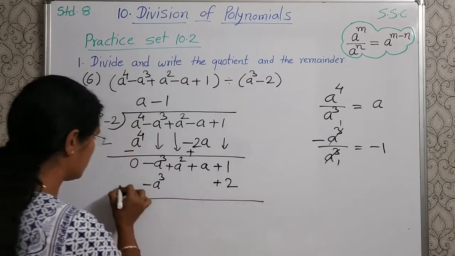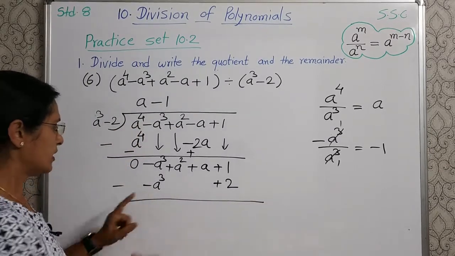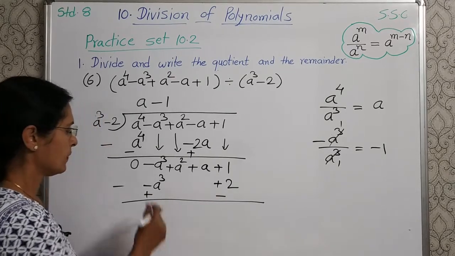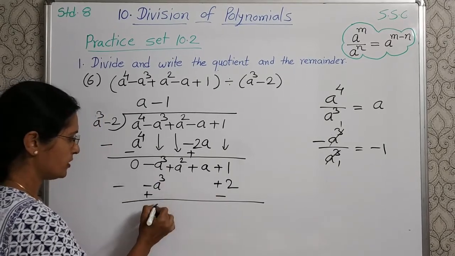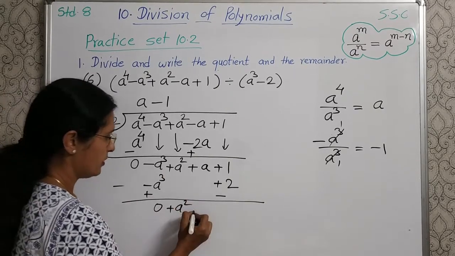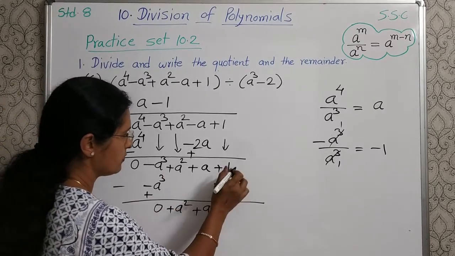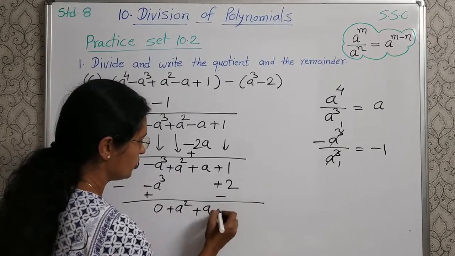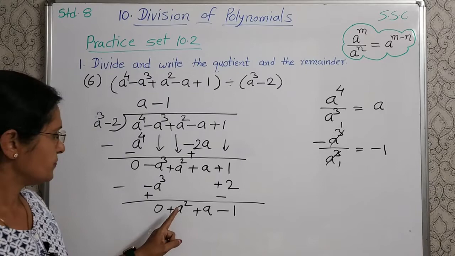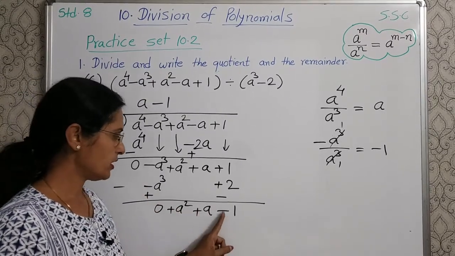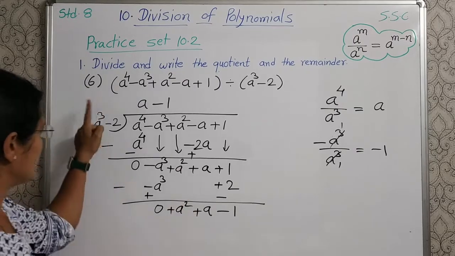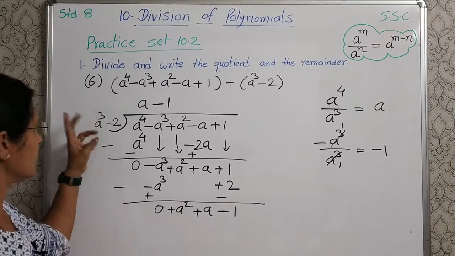Now subtract. So change the signs. Minus will become plus and this plus will become minus. Minus a cube plus a cube is 0. Plus a square write as it is. Plus a as it is. Plus 1 minus 2 is minus 1. Now in the remainder part, a square plus a minus 1, the degree is 2 and in the divisor the degree is 3.